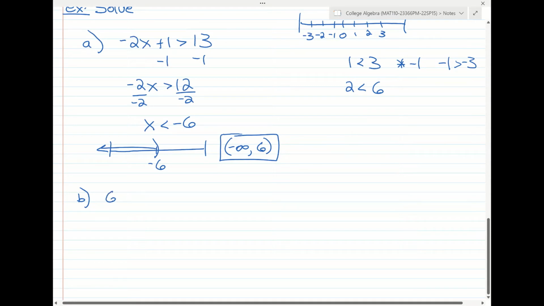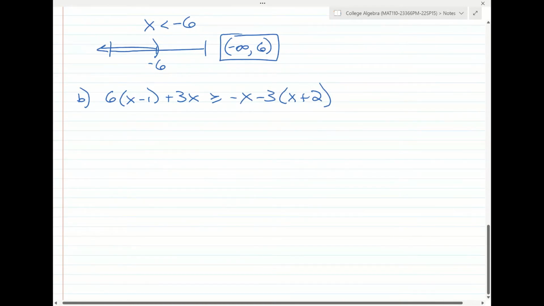And these are nothing more than just advanced equations. So 6 times (x minus 1) plus 3x is greater than or equal to -x minus 3 times (x plus 2). Again, we're going to solve this like a regular equation, but anytime we divide across an inequality by a negative, we have to switch the sign.